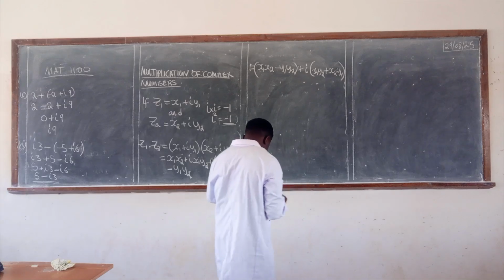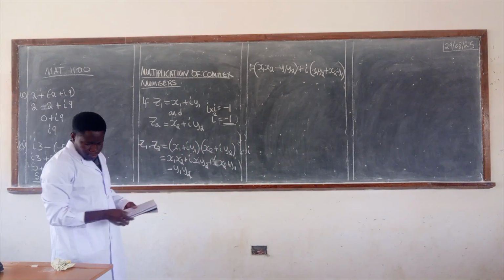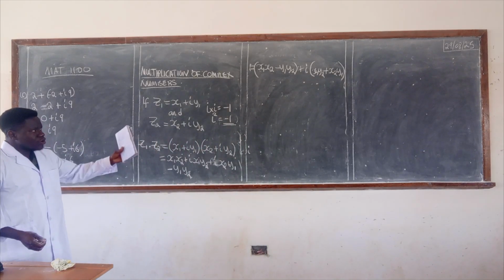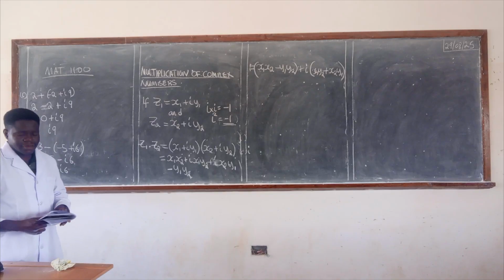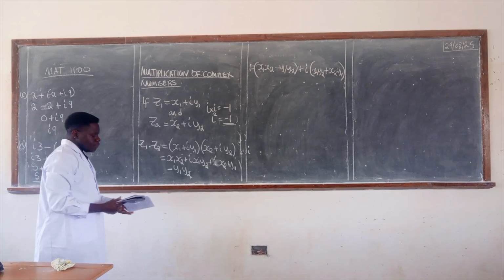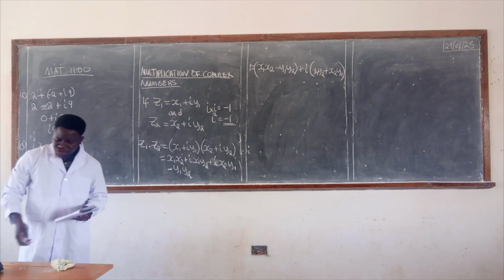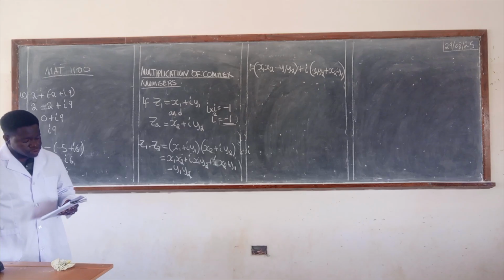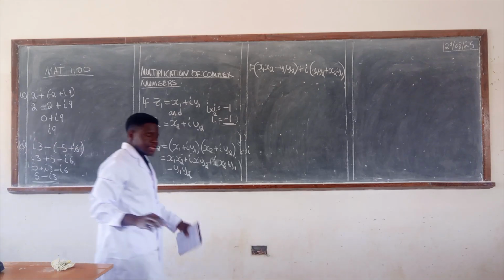As simple as that. Okay, so that's how we go about multiplying complex numbers. Let us look at some examples on multiplication of complex numbers.